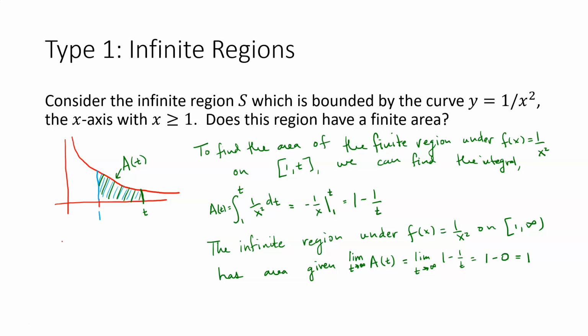So what we see here is that the area of this infinite region under the graph of 1 over x squared from 1 to infinity is finite. If this region were to extend to the right forever, it would have a finite area equal to 1, even though it's an infinite region, right?